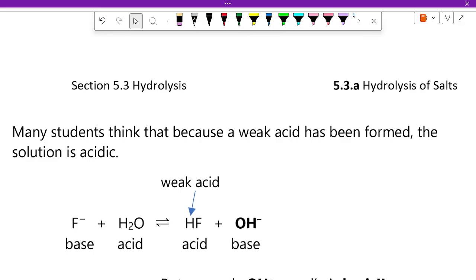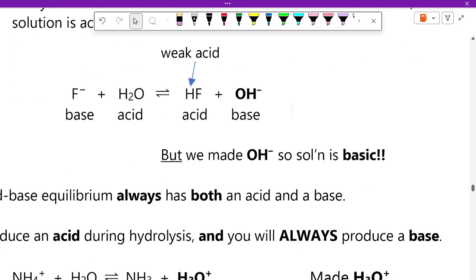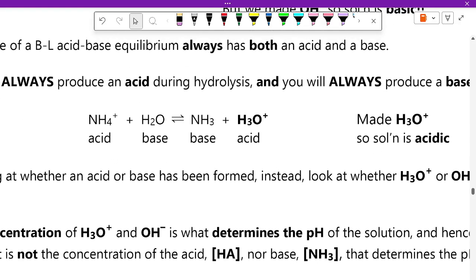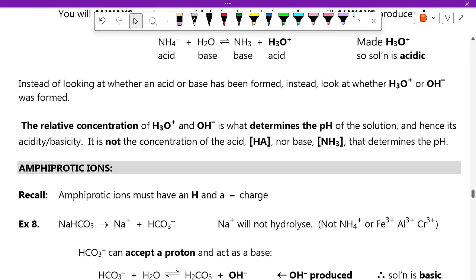And then it's going to be acidic or basic based on that. Okay? So just ignore that. Each side of a Bronsted-Lowry acid-base equilibrium always has an acid and a base, so it means nothing that you made a base. Always just look for the H3O+ or the OH-.